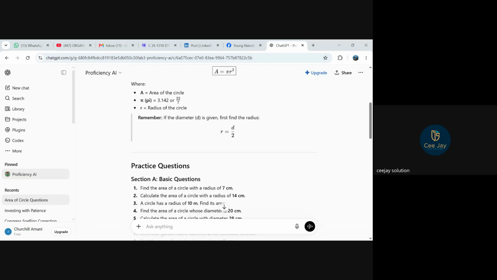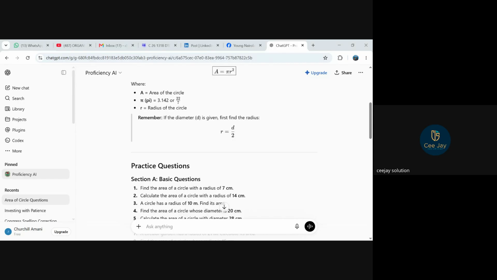We go now to question 2. Calculate the area of a circle with radius of 14 centimeter. First of all, you start by writing your formula, which is pi r squared. Then I've decided to use pi to be 22/7.